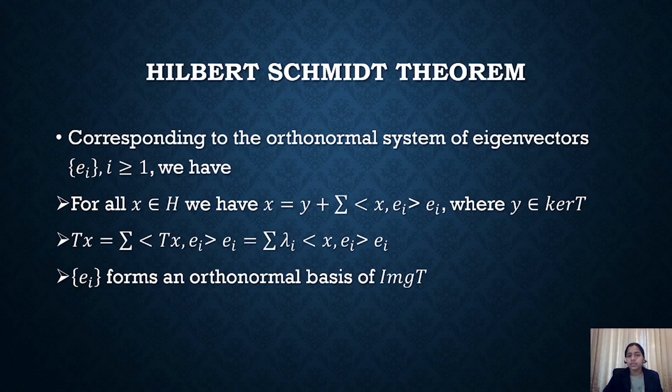We have seen how we can express an element of the Hilbert space as a sum of an element in the kernel of T and the sum of inner product x ei ei, where the set ei forms an orthonormal basis, and with the help of that we have expressed T of x also in terms of ei, and also we have seen that the set ei forms an orthonormal basis of the image of T.